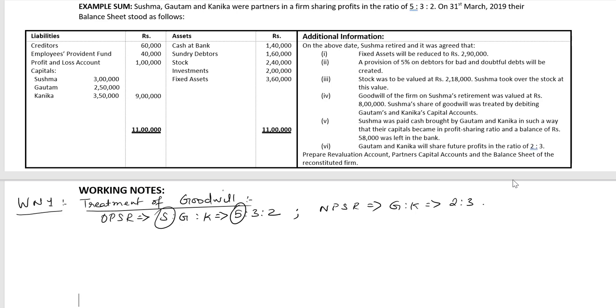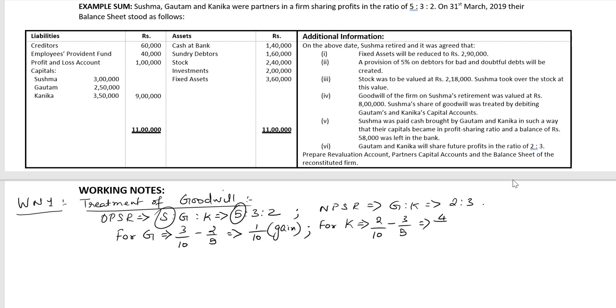So let's calculate the gain of each partner. For Gautam, old share 3 by 10 minus the new share 2 divided by 5. We have a negative 1 by 10 and Gautam gains 1 by 10. For Kanika, the old share 2 divided by 10 minus the new share 3 divided by 5.